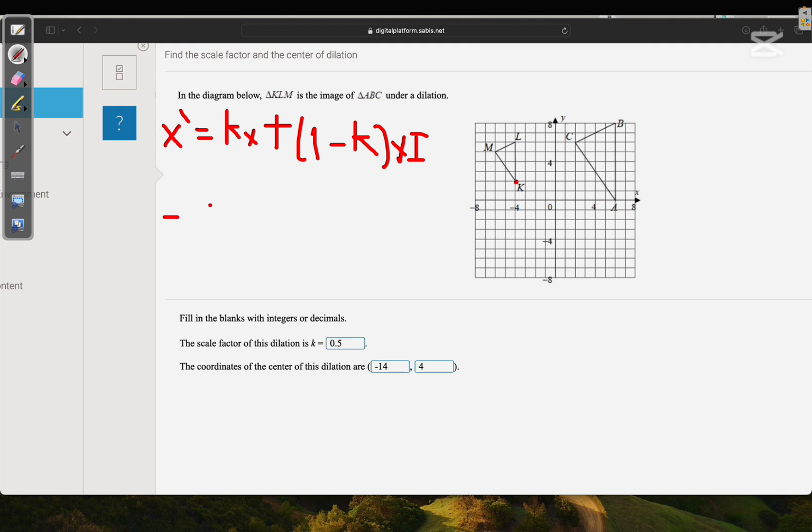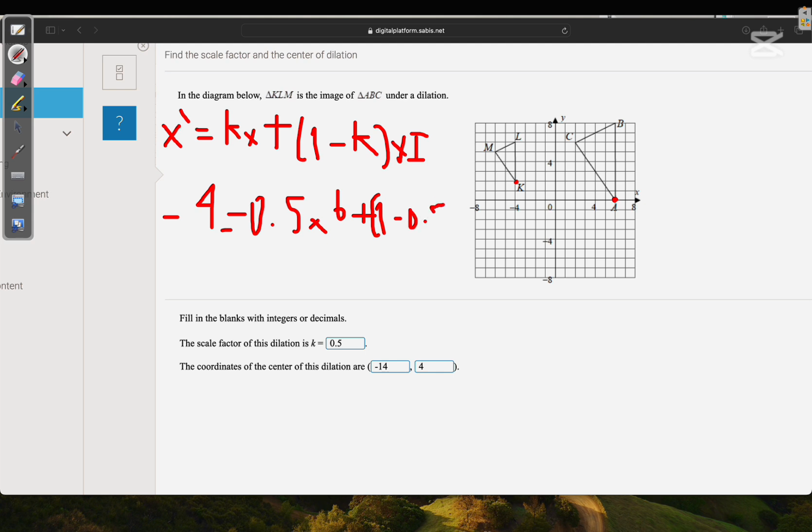So negative 4 is equal to 0.5 times x in this case, since k is corresponding to a, so the x of a is 6, times 6 plus 1 minus 0.5.